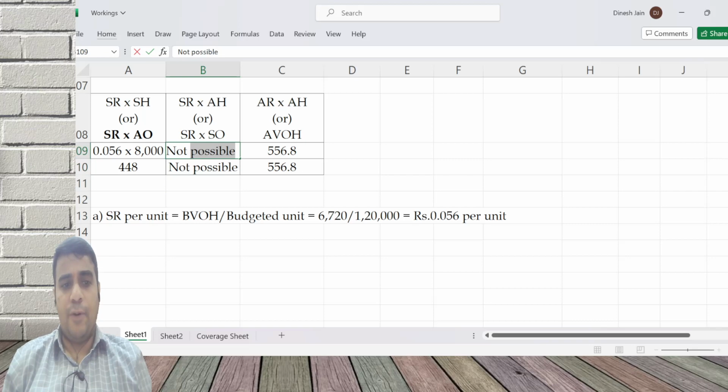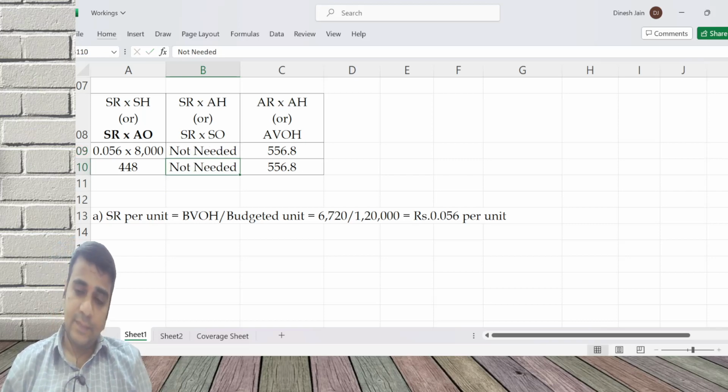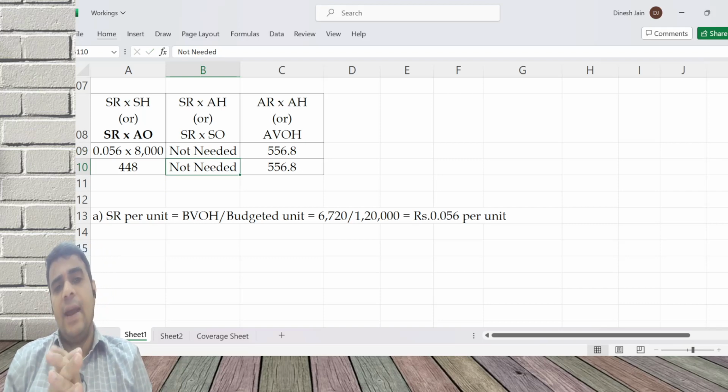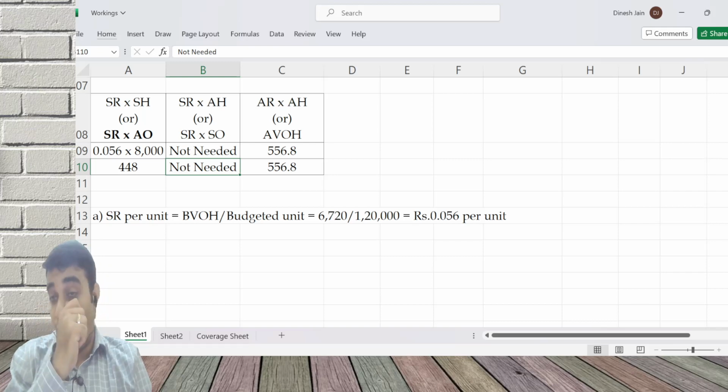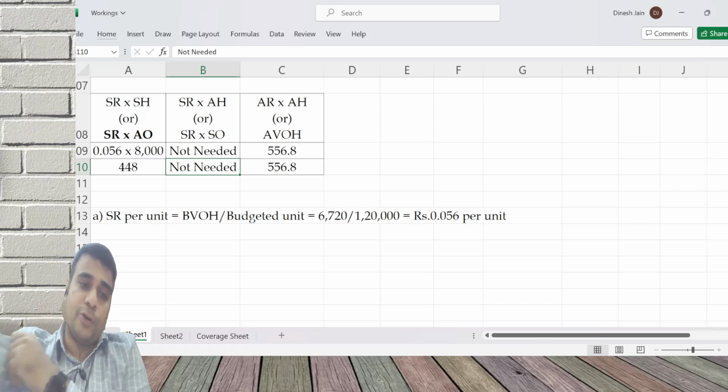You can say not possible, not needed, whatever name you want to give. Because it's not needed, I'm not taking an assumption on standard output. The first line says standard output is fixed for the year, but you cannot fix a standard output for the year. That is the budgeted output.